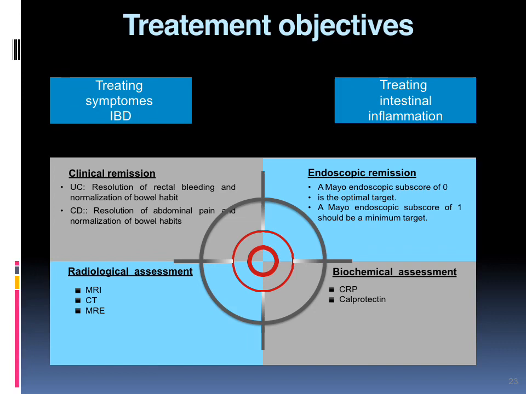And we use these surrogate markers from radiology and biochemistry to help us reach that target of resolving all the clinical symptoms of the patient and healing the mucosa of the GI tract, because we now know that healing the mucosa is a good outcome that we want to achieve, and it correlates well with the prognosis of the patient.